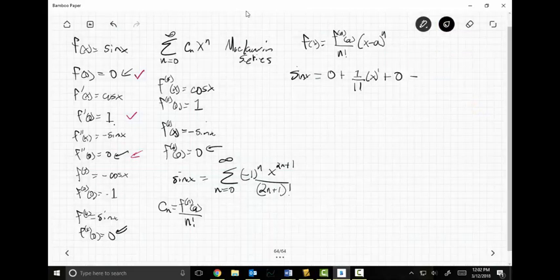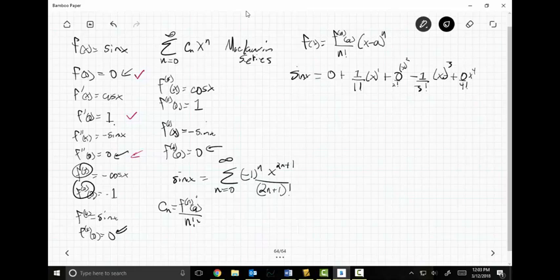This is going to be minus 1 over 3 factorial times x to the third, right? So we just, remember, third derivative. These guys always match up, right? And then plus 0. Now I can think of this as 0 over 2 factorial times x squared, just like I can think of this as 0 over 4 factorial times x to the fourth, right?